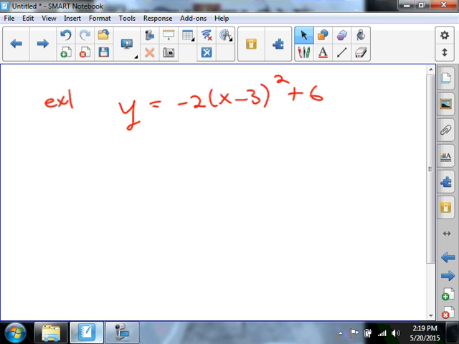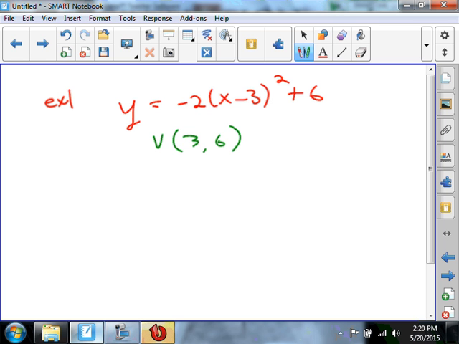If you remember all the way back from chapter 4, we should be able to pick out the vertex of that function in about 8 seconds or less. I'm hearing 3, 6. I like it. The x-coordinate is counterintuitive. The y-coordinate is not. The vertex has coordinates (3, 6).